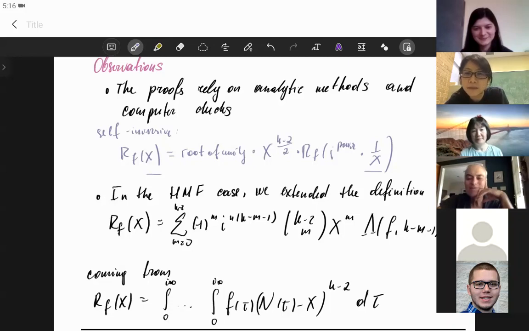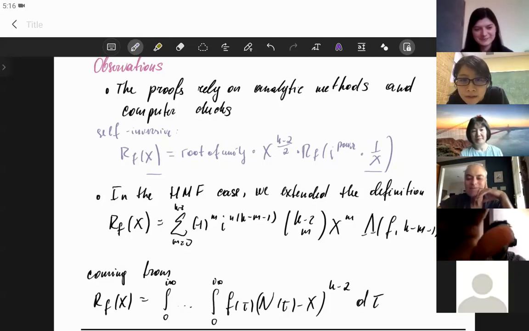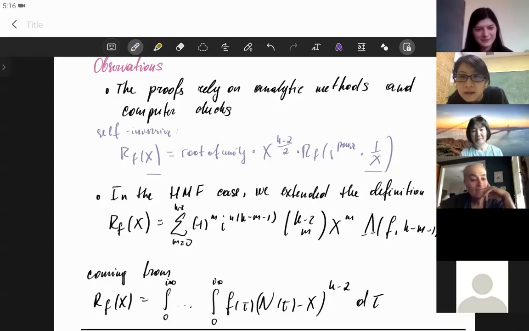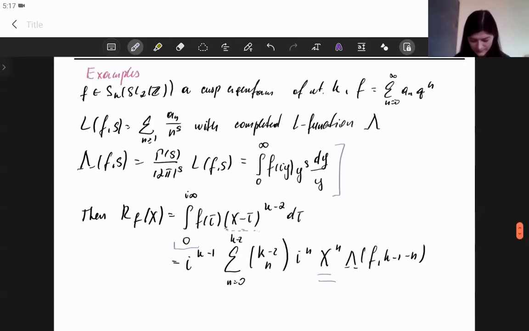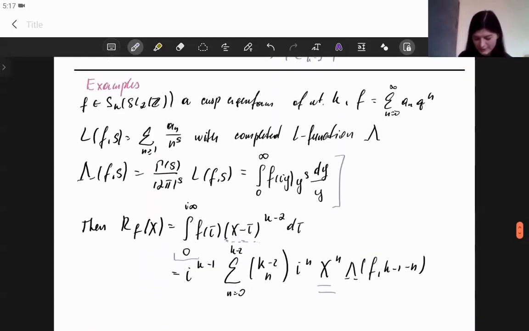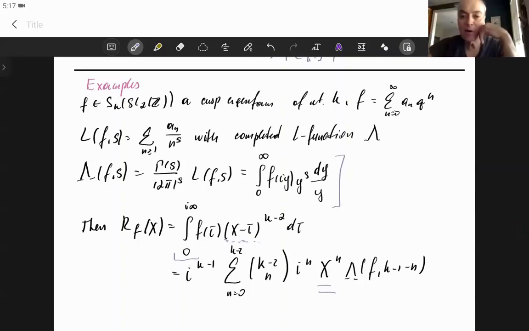Why do you need a completed L function in your proof? Well, let's see. It's that integral. That's what comes out when you do that integral.